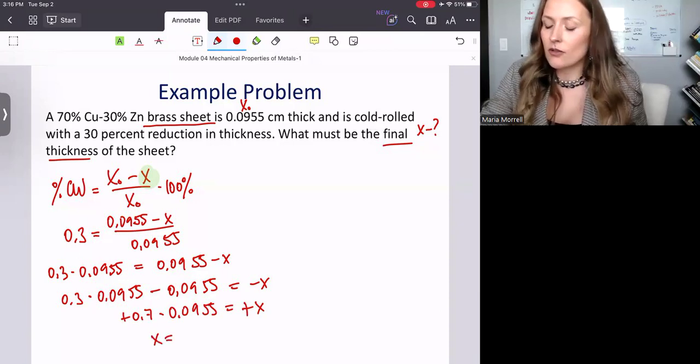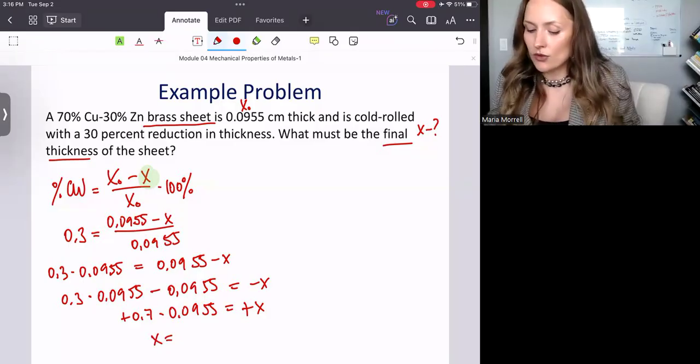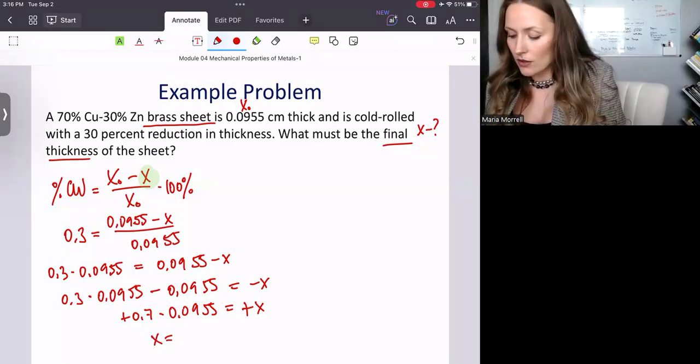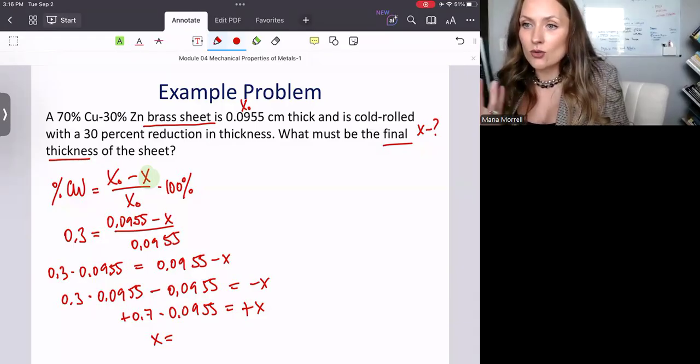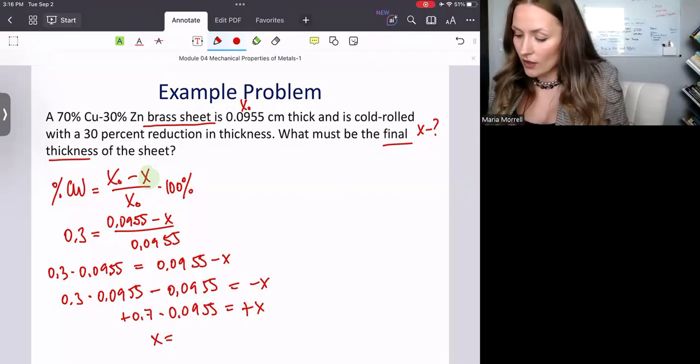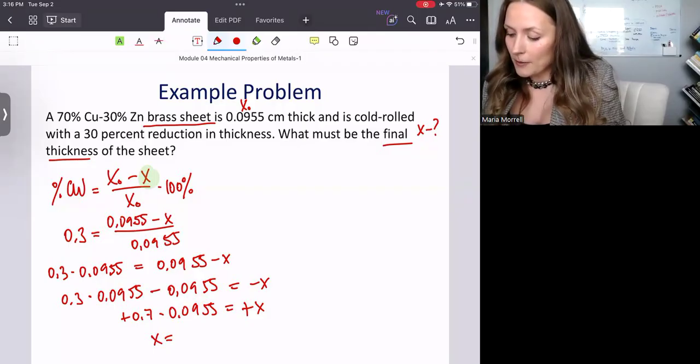And then getting rid of the minus on either of the sides, I will do the math right with you together to encourage you to do it together with me. I'm actually doing it using a calculator, times 0.7.